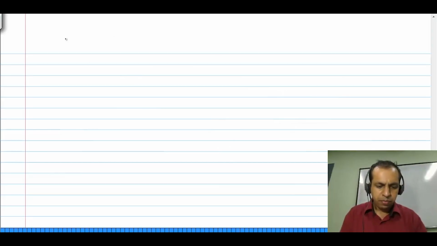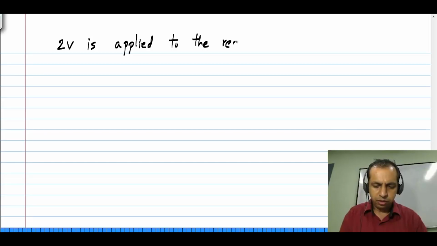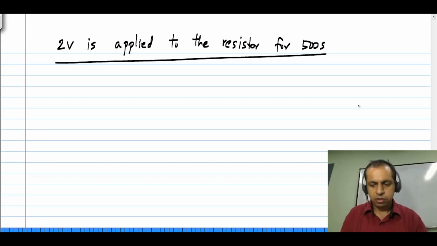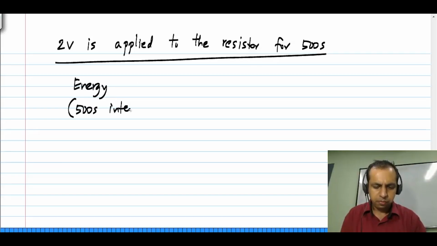Now, let us say this 2 volts is applied to the resistor for 500 seconds. So, the energy delivered in this 500 second interval is the power, which is 4 milliwatt, times the time, which is 500 seconds.